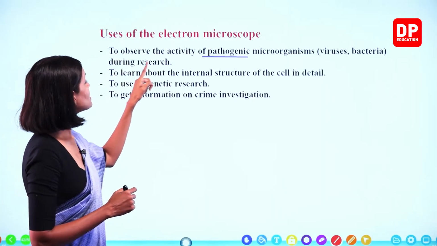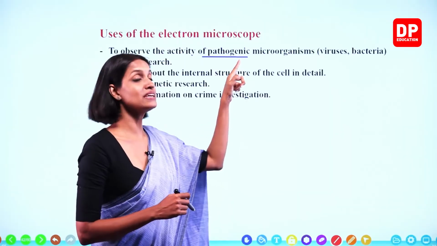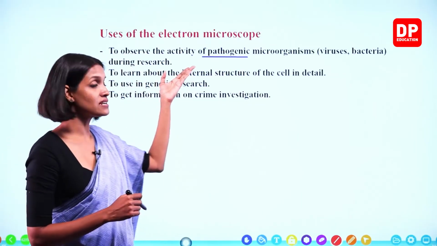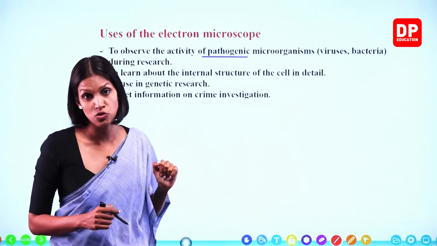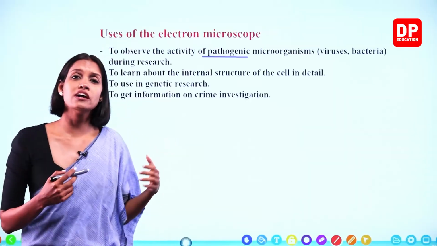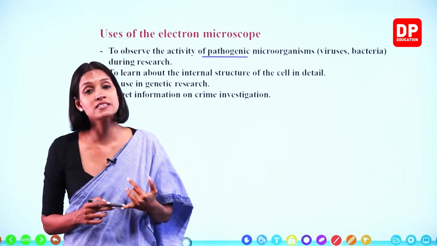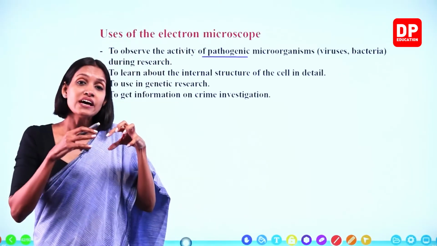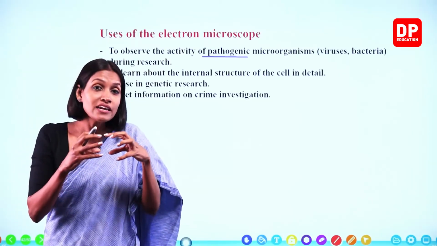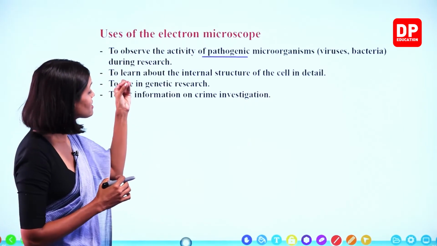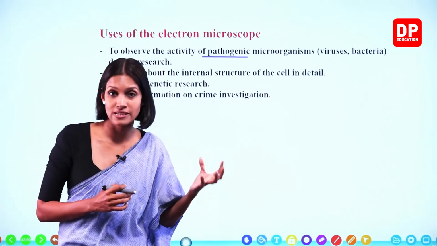To learn about the internal structure of the cell in detail. Now we can observe the cells under the compound light microscope. But even inside these small cells, there are two main types of cells, plant cells and animal cells, right, children? Inside these cells, there are tiny other structures as well. These tiny structures are known as organelles.